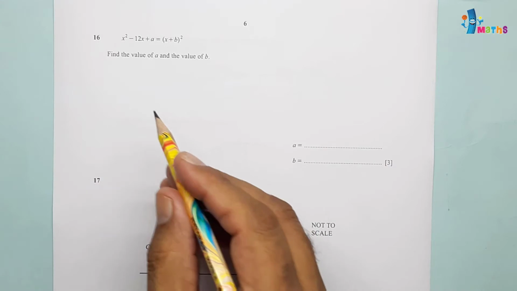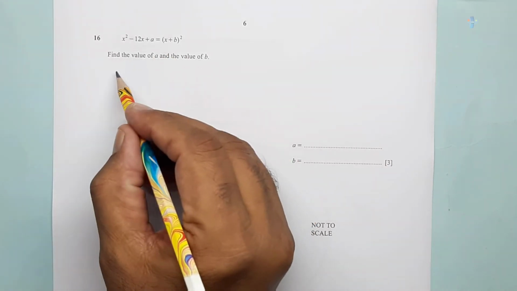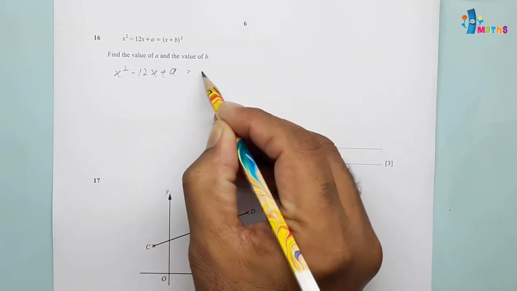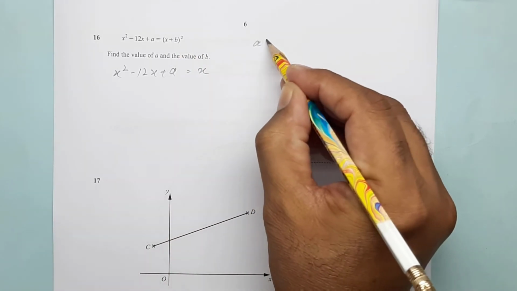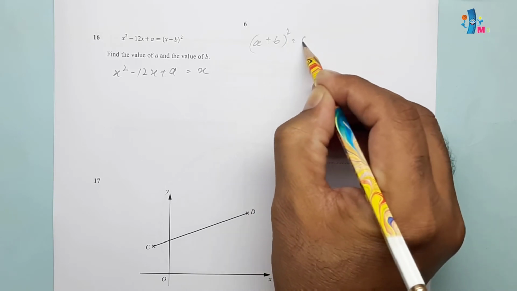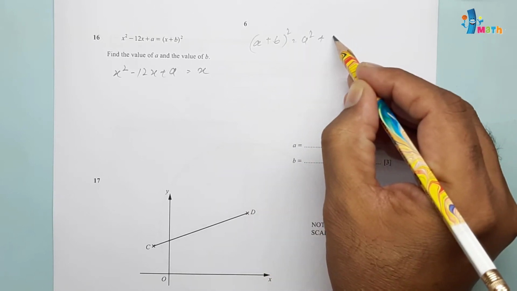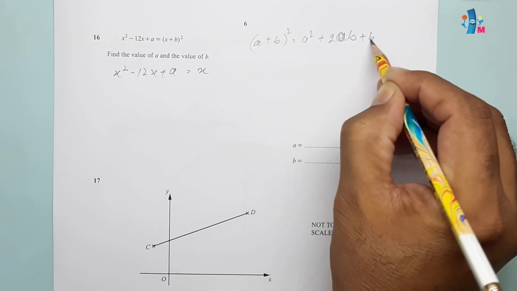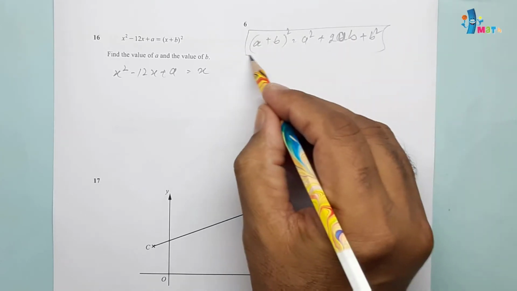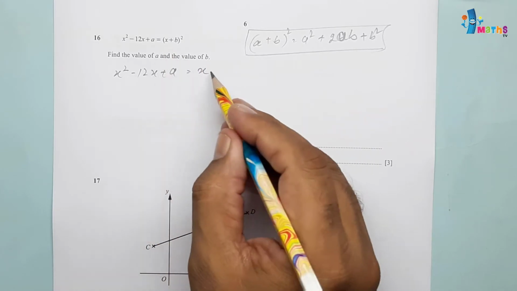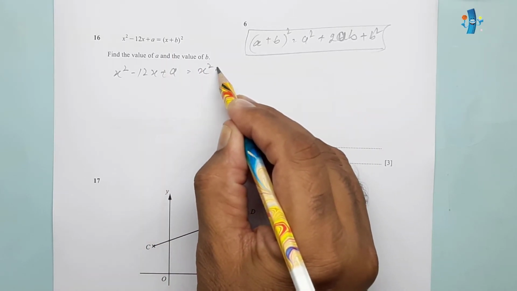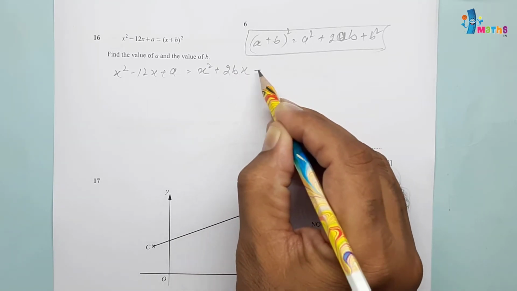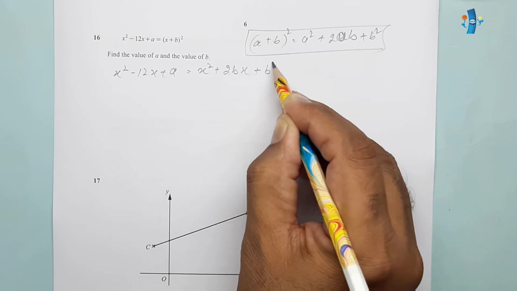So what we will do, we'll expand this side as well, and then compare. x squared minus 12x plus a is equal to, by the formula (a plus b) whole squared equals a squared plus 2ab plus b squared, so this is equal to x squared plus 2bx plus b squared.